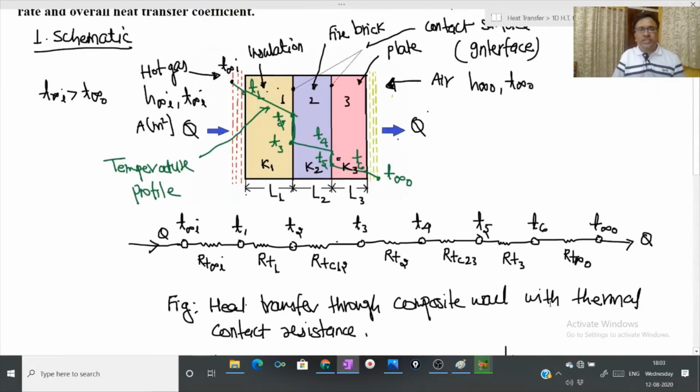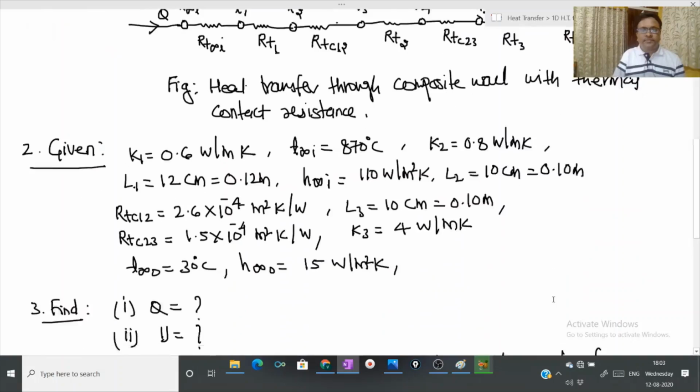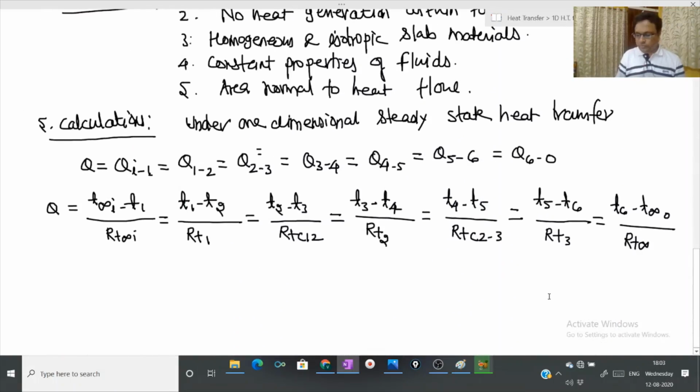So we can see, check here. Now this will be by convection. Further, this will be by convection, and all these rates of heat transfer by conduction.